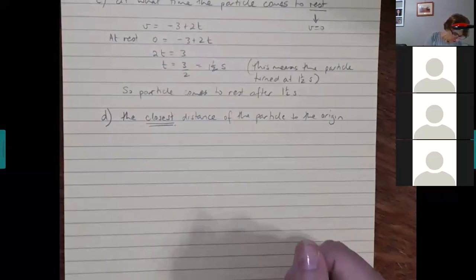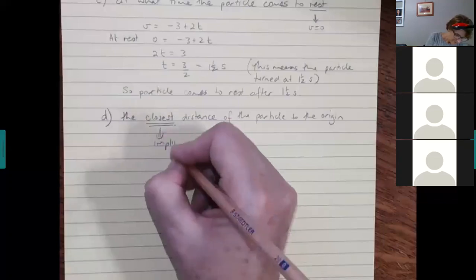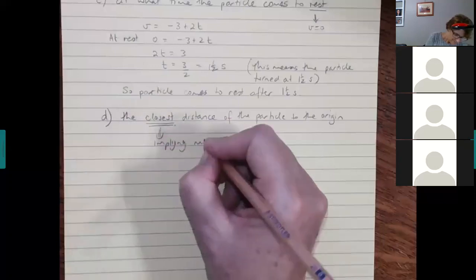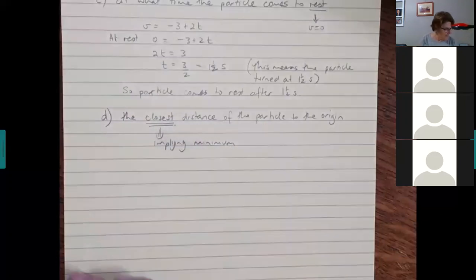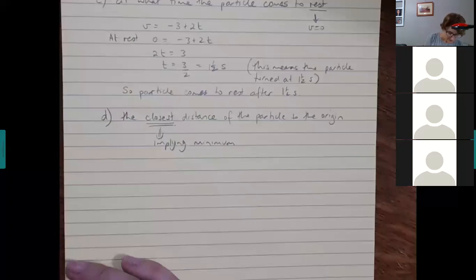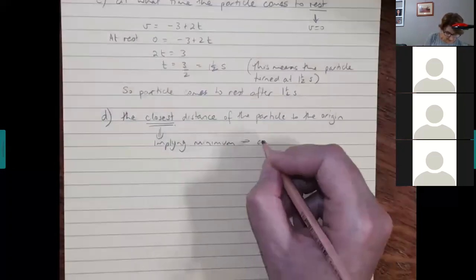So closest is implying minimum. And the minimum occurs when dy/dx is 0.